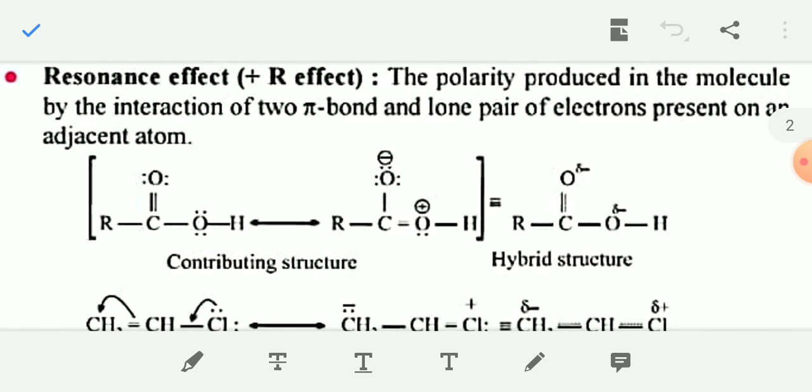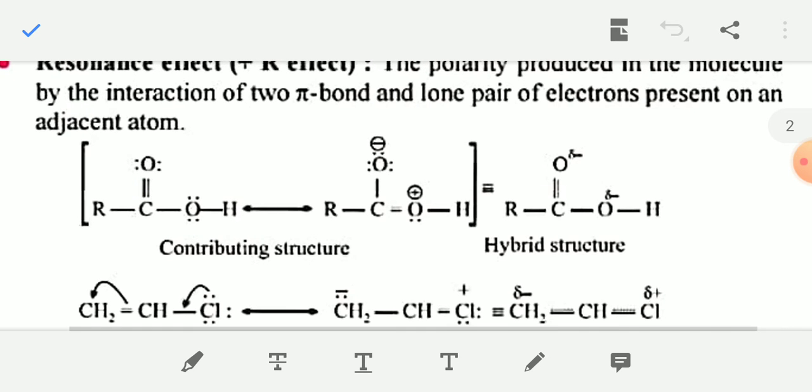Next, resonance effect or plus R effect. What is the resonance effect? It is also a permanent electron displacement effect. The polarity produced in the molecule by interaction of two pi bonds and lone pair of electron present on an adjacent atom.